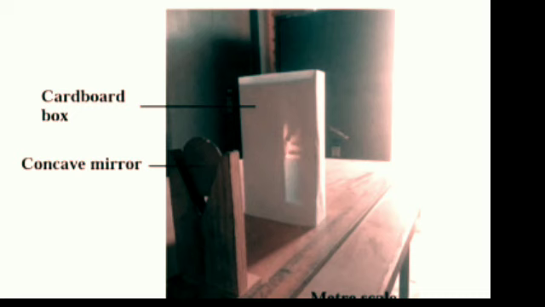Fix the mirror vertically on the other cardboard box by making a slit on its top surface. Place the screen near a window and place the mirror in front of it such that the image of the sun or some faraway object forms clearly on the screen.